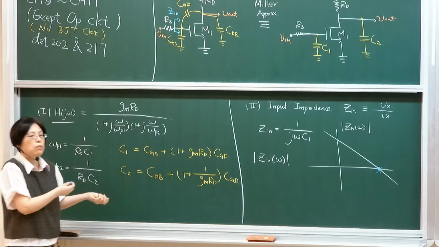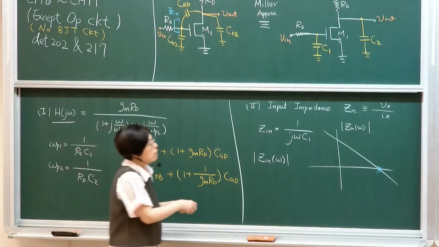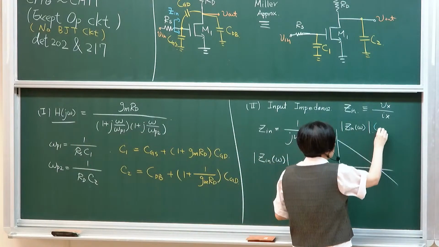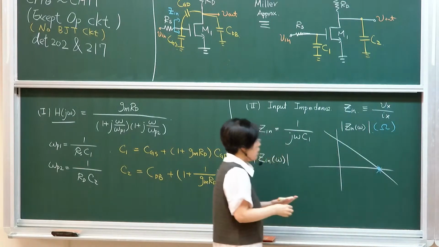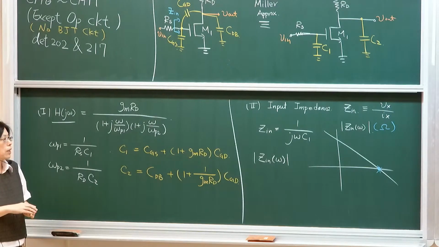It's not necessarily 0 or 1, because there's a unit to that. This is in the unit of ohm. The intersecting point would then highlight the levels of your impedance.